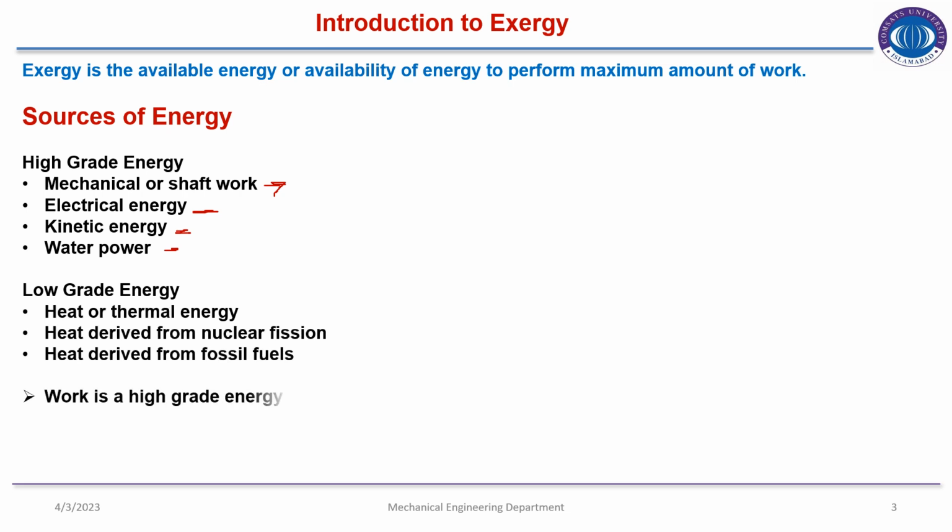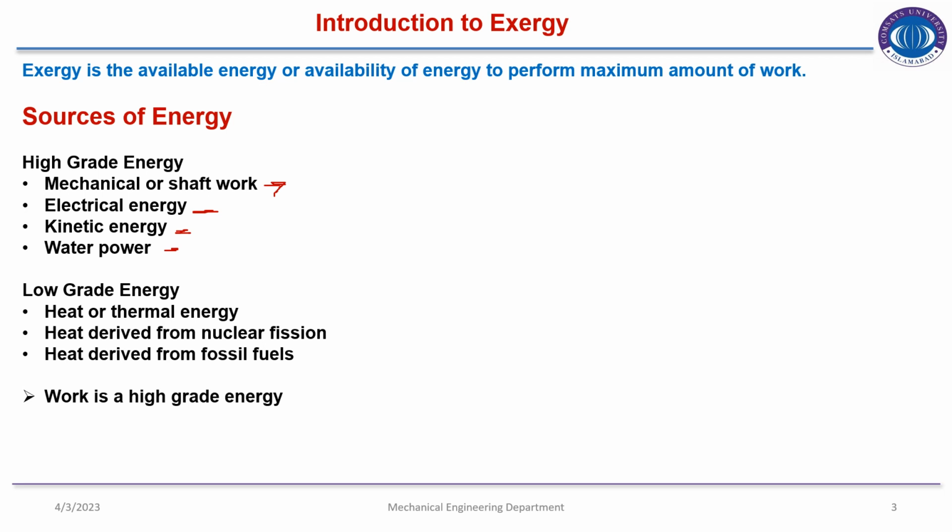And low grade form of energy is heat or thermal energy, heat derived from nuclear fission or heat derived from fossil fuels. In the last chapter as well, when we were studying the entropy concept, I already told you that work is a form of high grade energy and heat is a form of low grade energy.